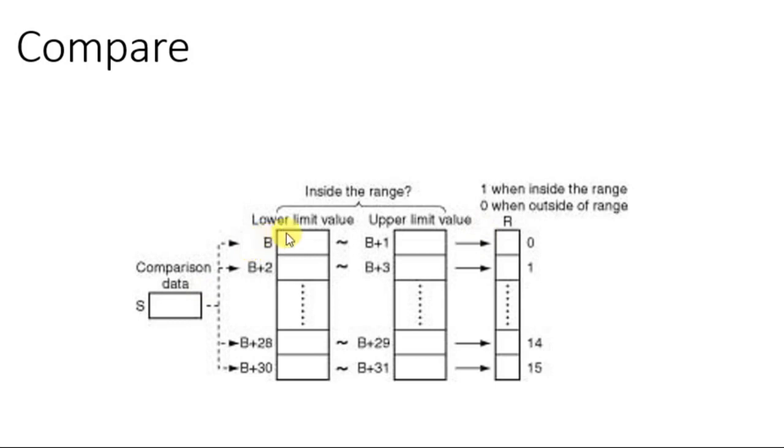Like that, you have 16 comparators here, from B to B plus 30. For example, if you take B as D200, then it goes up to D230 and D231. If our source data is within the range, it returns 1, else 0. So this is the 16-bit result.